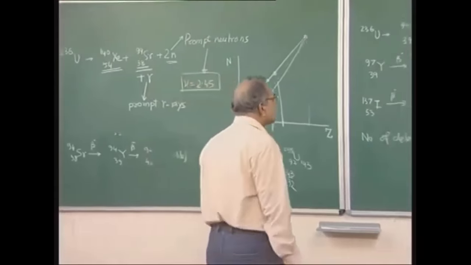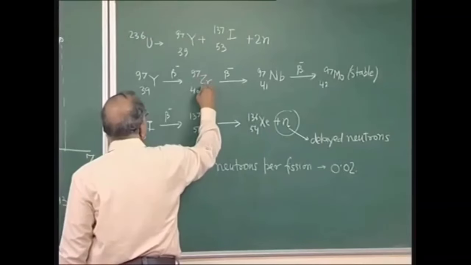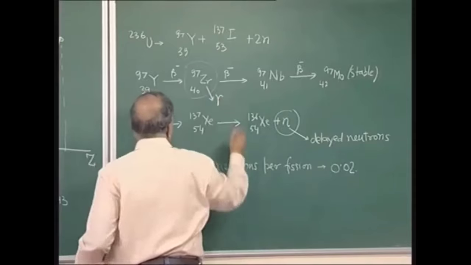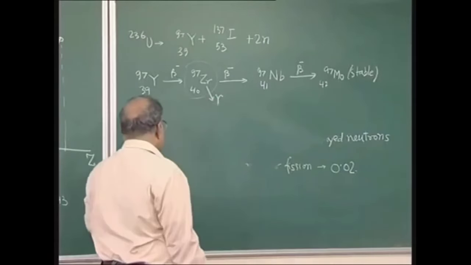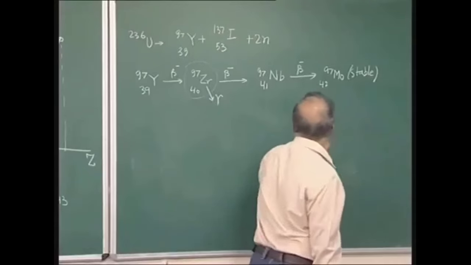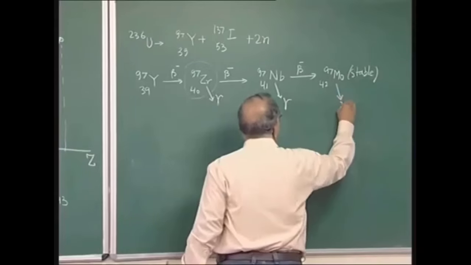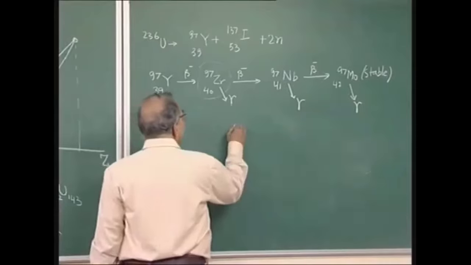So, together with this beta, you are also getting gamma rays. After every beta you will also get gamma. These gamma rays are delayed gamma rays.